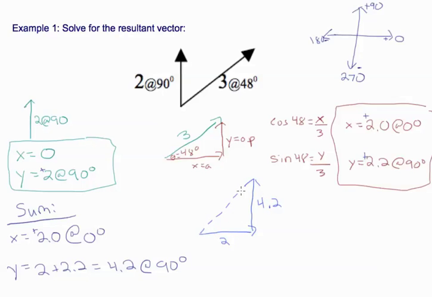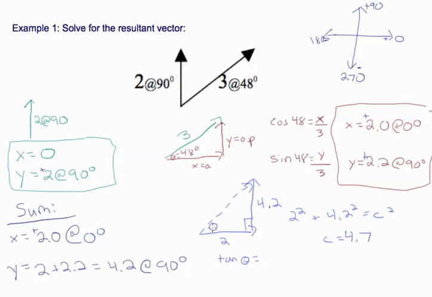So to find our magnitude, we're using the Pythagorean theorem. 2 squared plus 4.2 squared equals c squared. And we get 4.7. And in order to find our theta, we do TOA. So tangent of theta equals opposite, and if this is our theta, our opposite is 4.2 divided by adjacent.